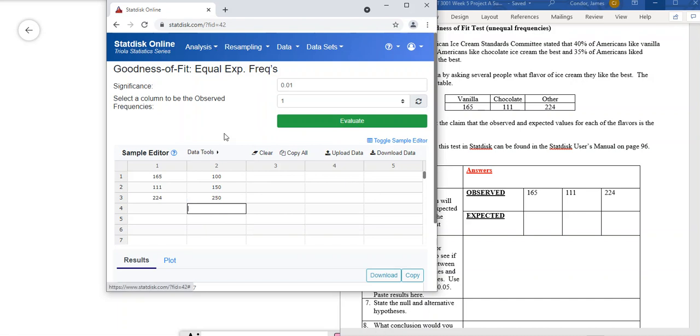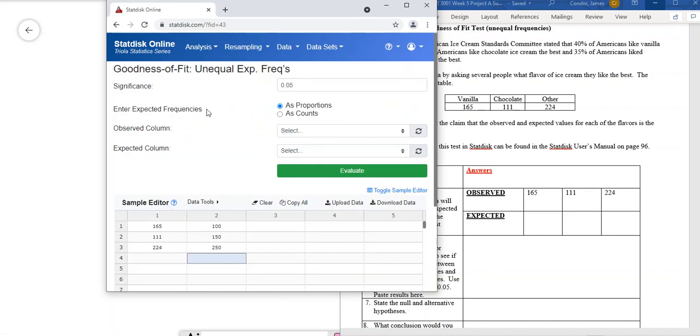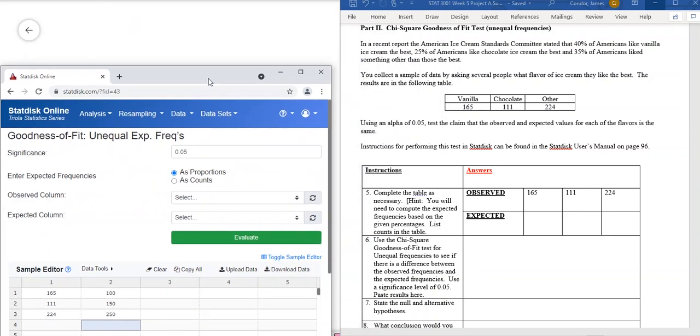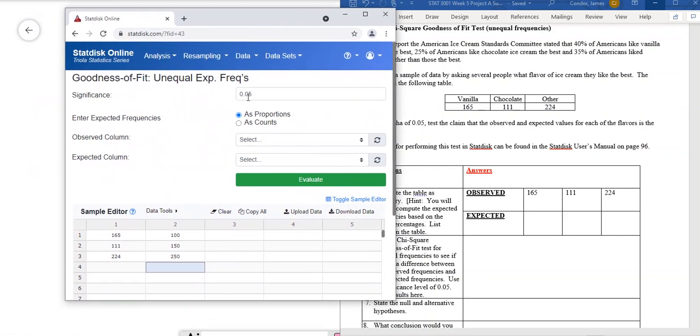So once you get this table filled out with the numbers in here, observed, expected, chi-square, goodness of fit, unequal expected frequencies. We can test this at 5%, it says. So we're going to leave this as 5% as counts.